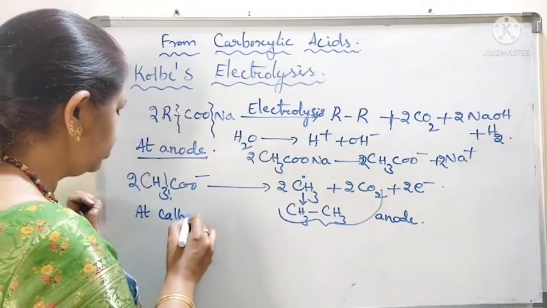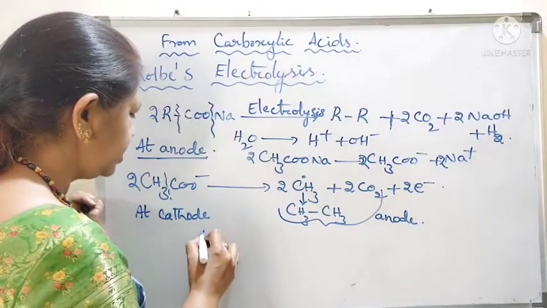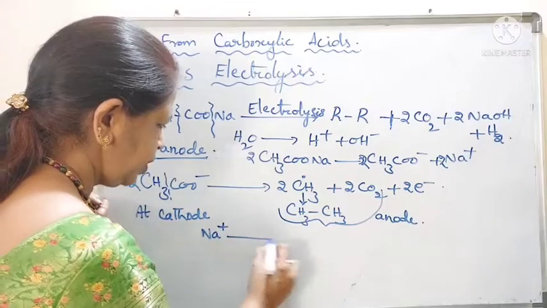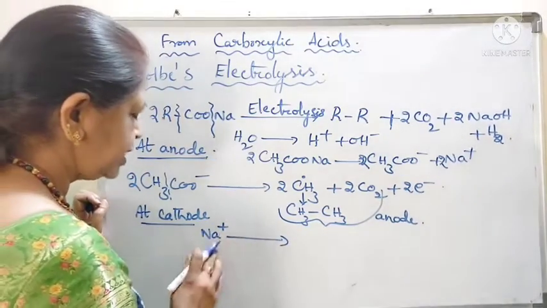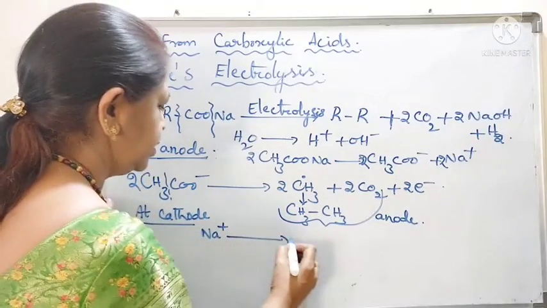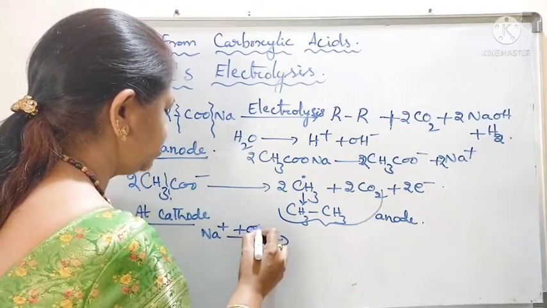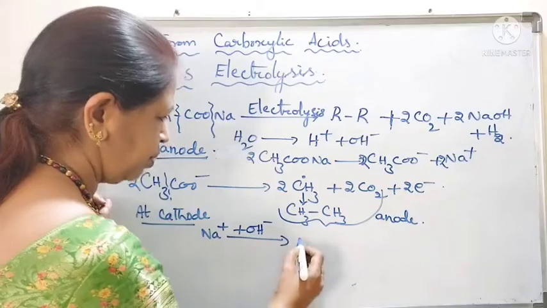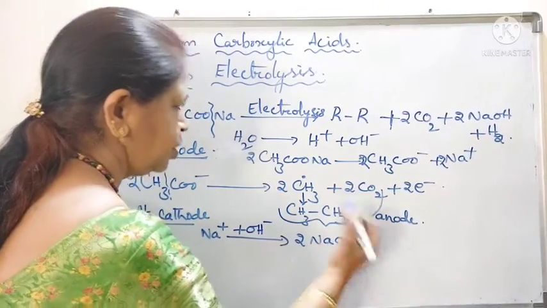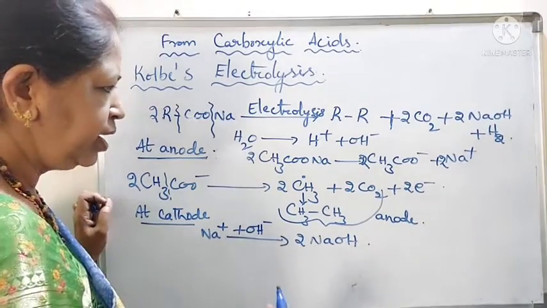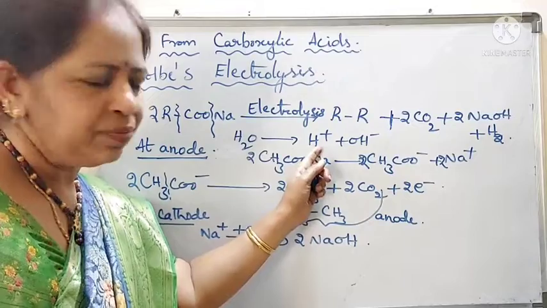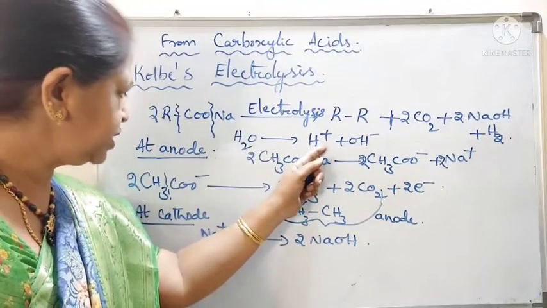At cathode, Na plus ions will migrate towards the cathode. These Na plus ions will combine with the OH minus ions to form 2NaOH. And what happens to these H plus ions? These H plus ions are also positively charged.